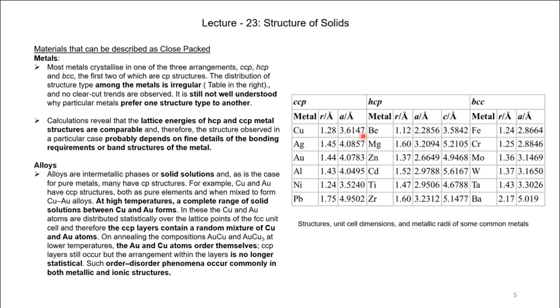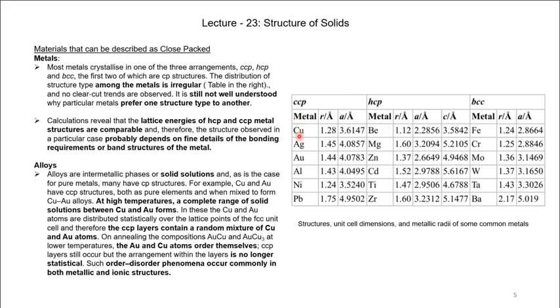Now, please do remember the cubic close packed structure means a cubic unit cell: a = b = c, and alpha = beta = gamma = 90 degrees. So we have only one independent parameter, that is a.